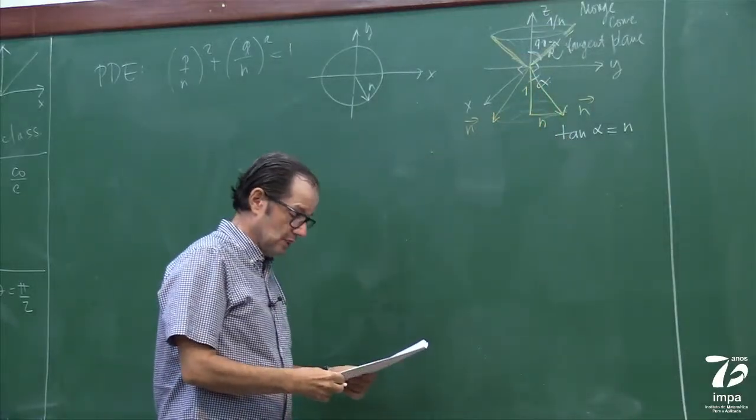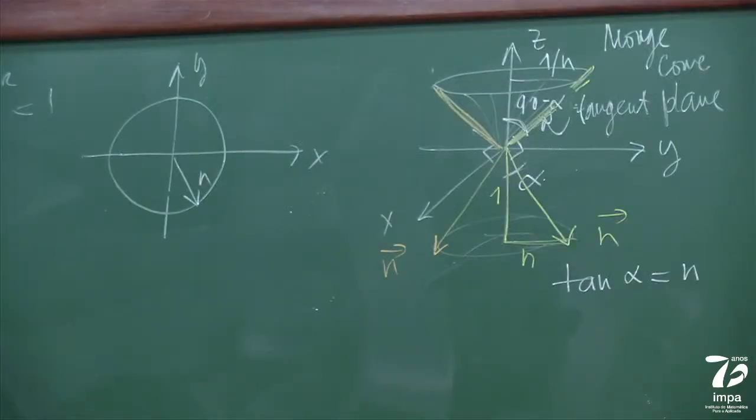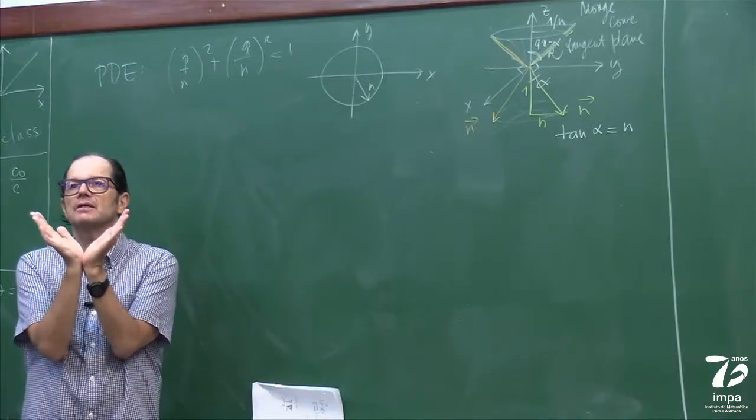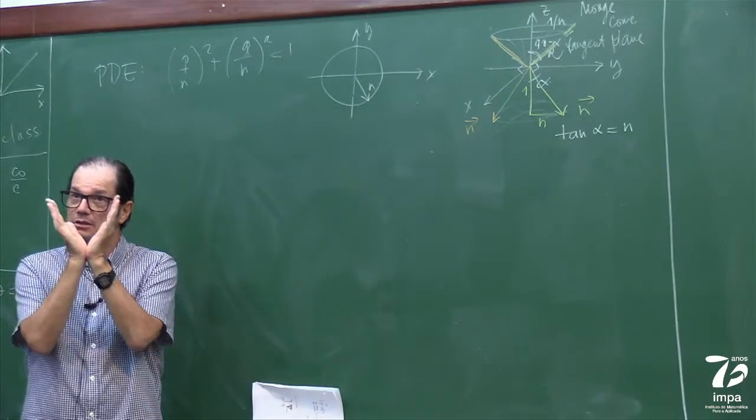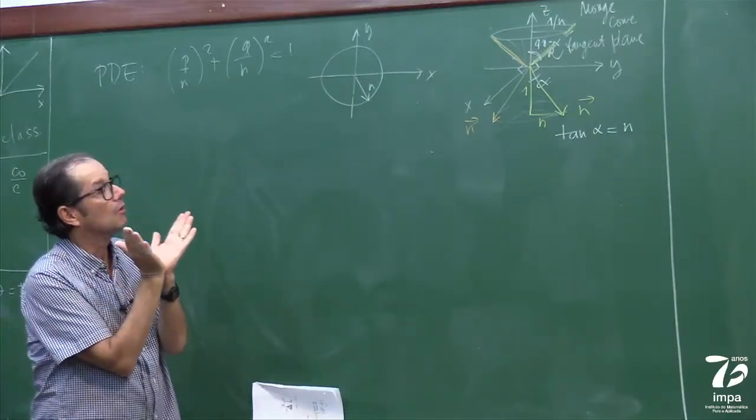So this is interesting because it says the following: depending on the index of refraction, the light cone opens more or less.